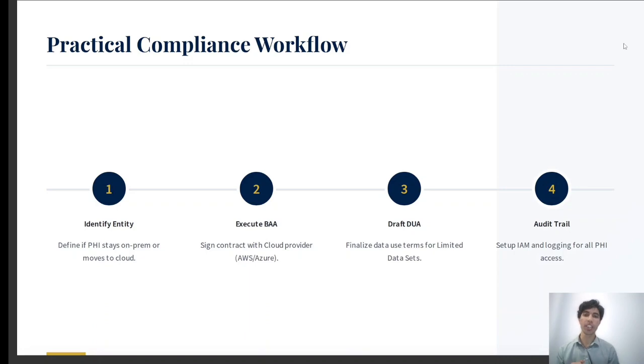Then we sign contracts with the cloud provider, and after that we draft data usage agreements and finalize the data use terms for limited data sets. After that we need to set up access management, identity management, and logging for all protected health information access to see who does what and when.